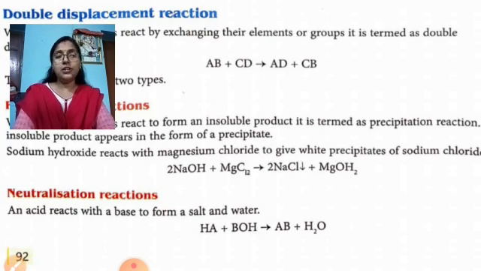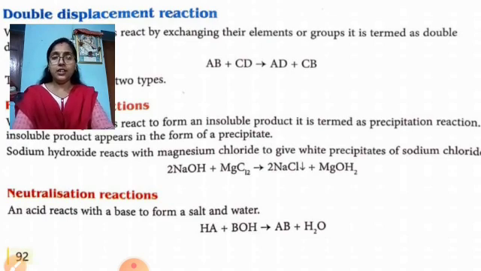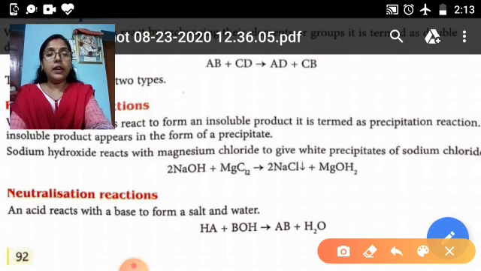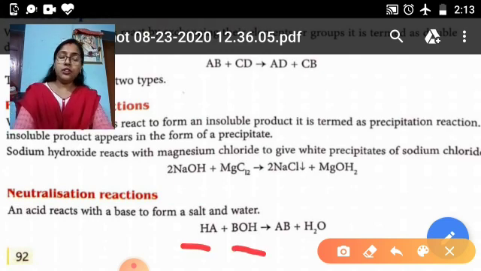Next is neutralization reactions. In acid and base, we have learned about the neutralization reaction. So when an acid reacts with base, it forms a salt and water. So HA is called an acid. In acid, hydrogen ion is shown in the form of plus ion, and hydroxide ion.